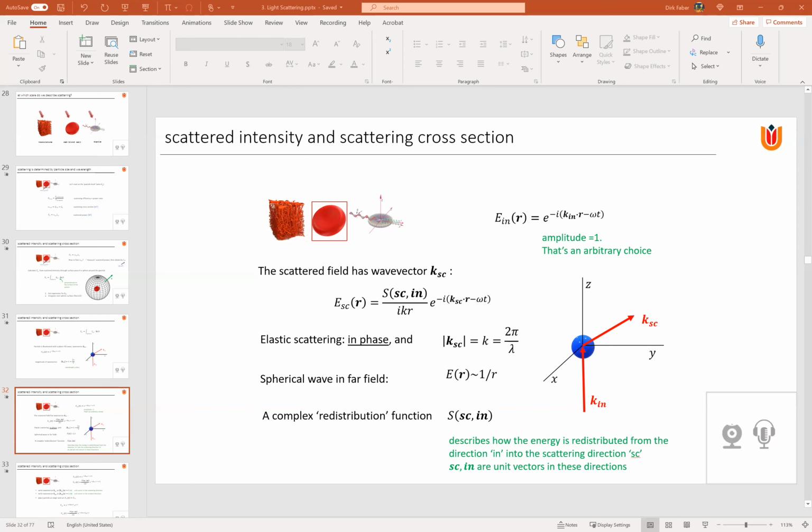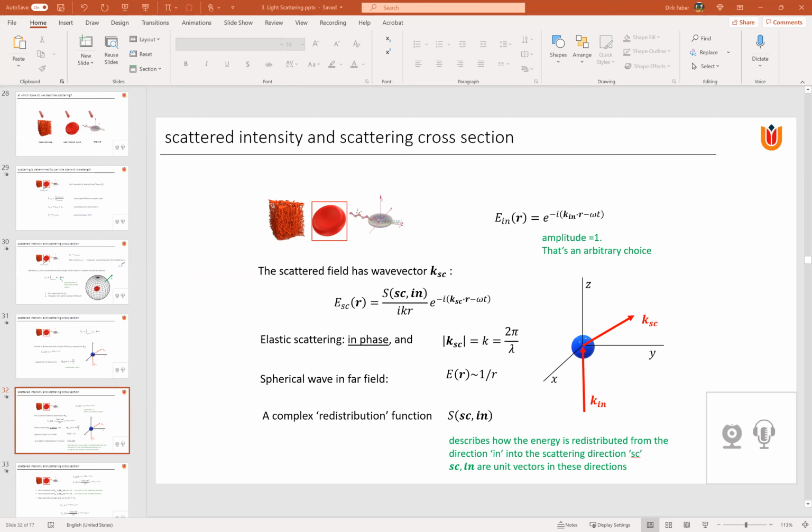Then there is a function S in the numerator of the prefactor that has unit vectors in the scattered direction and unit vector in the input direction as inputs, and there is some scaling in the denominator that's not very important. That is just for normalization.